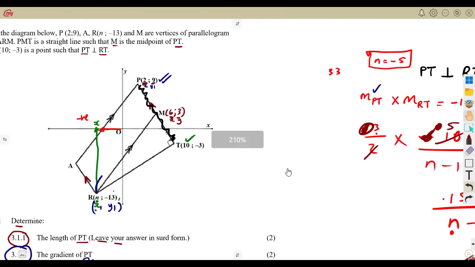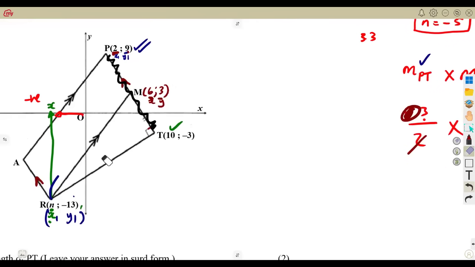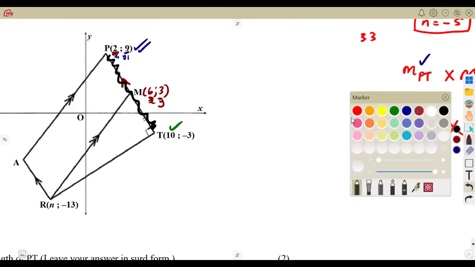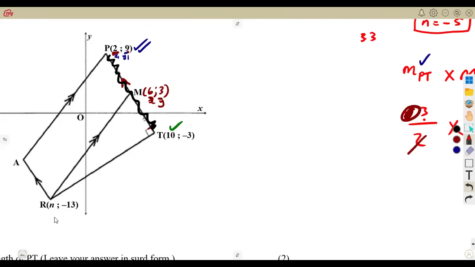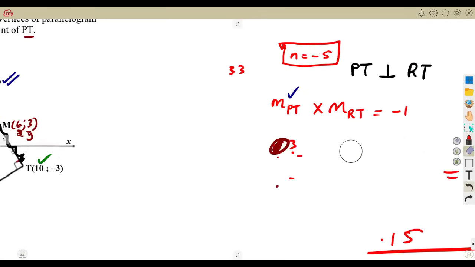Remember, our n is a negative, like I explained before. It cannot be a positive on this side. So we calculated this, we know that it's -5, so that's -5, -13. That's our point R there. It's going to help us because we need area.